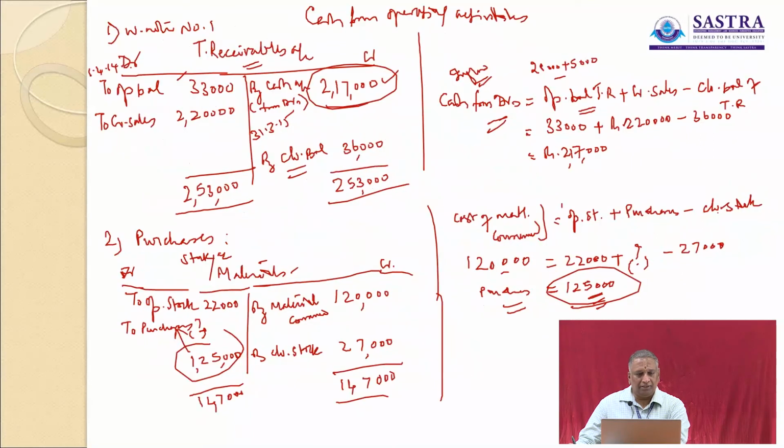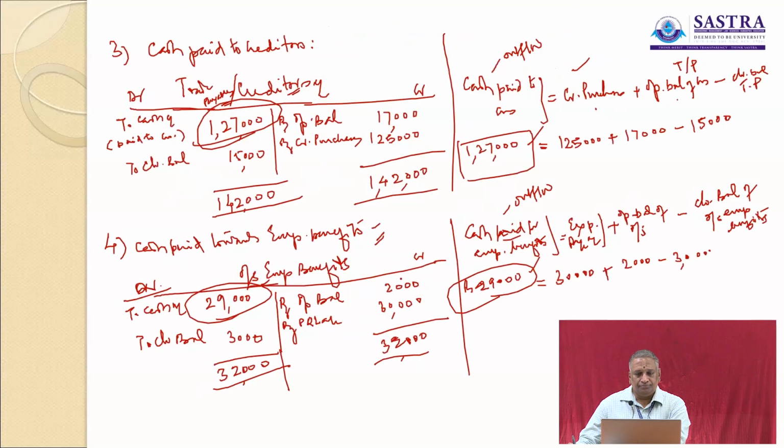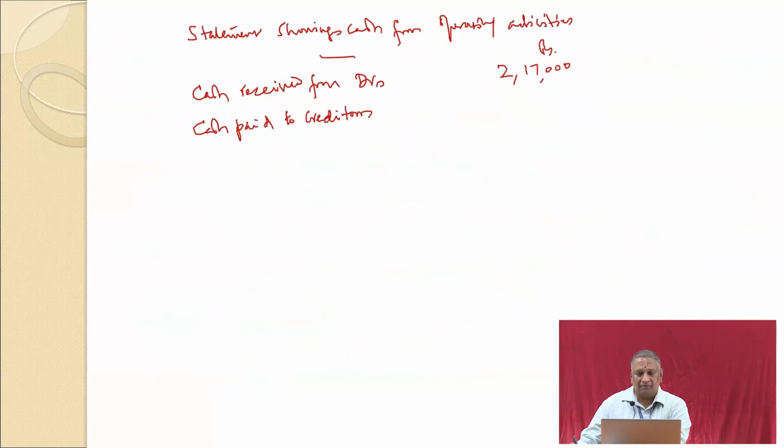Already we have calculated it, which is in working note number 1, 2,17,000, to be taken over there. Cash paid to creditors, as per working note number 3, is 1,27,000.